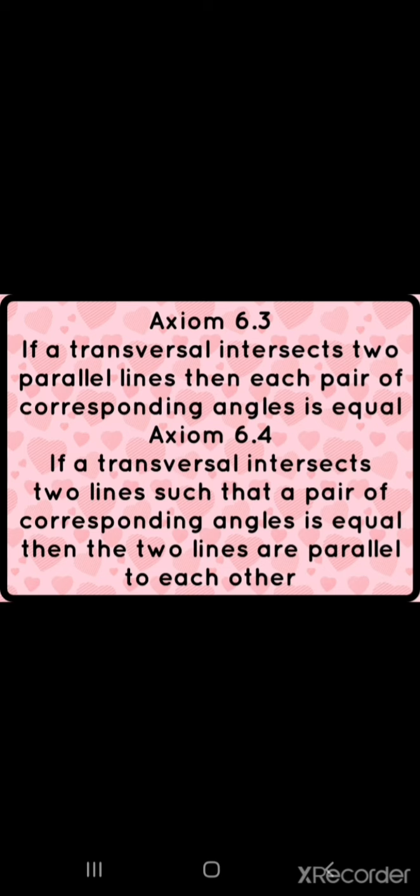That is, if a transversal intersects 2 lines such that a pair of corresponding angles is equal, then the 2 lines are parallel to each other. In the first case, axiom 6.3, corresponding angles are always equal. In the second, axiom 6.4, if one pair of corresponding angles is equal, then we can tell that the 2 lines are parallel. These are the 2 axioms based on corresponding angles.